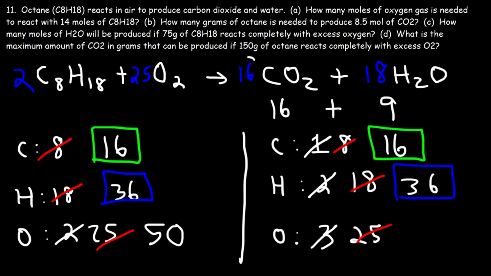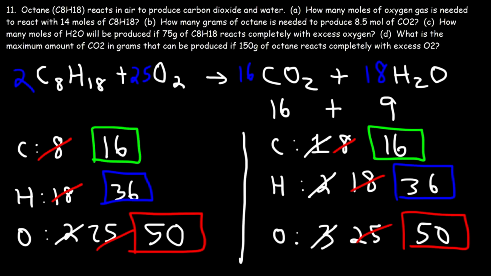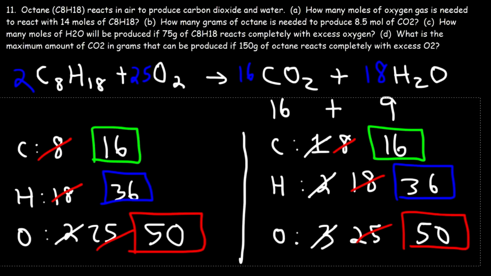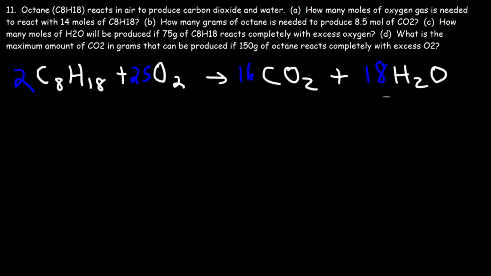And on the right side, we have 16 times 2, which is 32, plus 18. So that's also 50. And so now the equation is balanced. Now that we have a balanced chemical equation, we can use that to answer the other parts in this video.